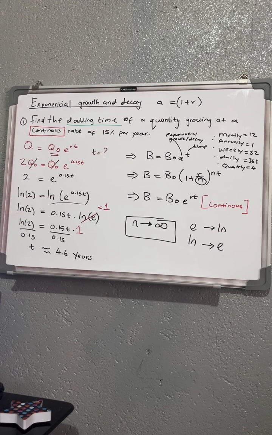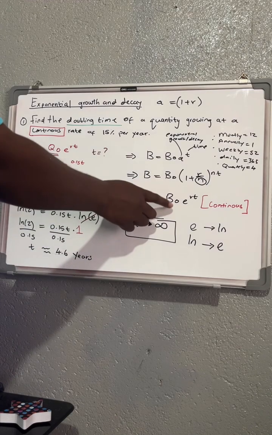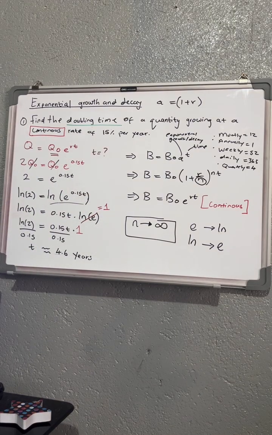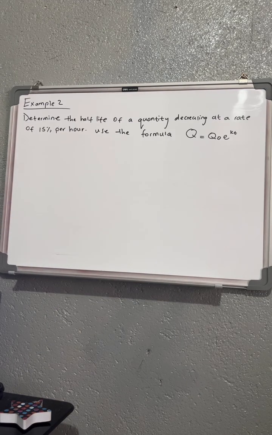See, so in the second one we're going to look for the one where they're talking about the half-life, because this one was the doubling life. So you remember the important thing about this formula that you have to note. So yeah, now we have example 2, which says determine the half-life of a quantity decreasing at a rate of 15% per hour.